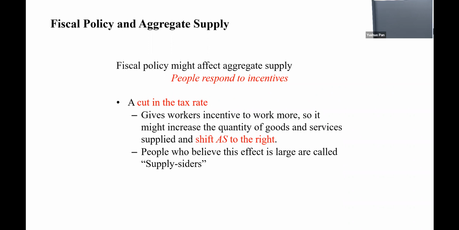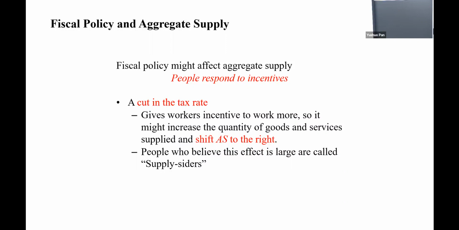But except for aggregate demand, fiscal policy might also affect the aggregate supply curve because people respond to incentives. For example, a cut in the tax rate, that's one part of fiscal policy, will give workers an incentive to work more. So it might increase the quantity of goods and services supplied and shift the aggregate supply curve to the right.